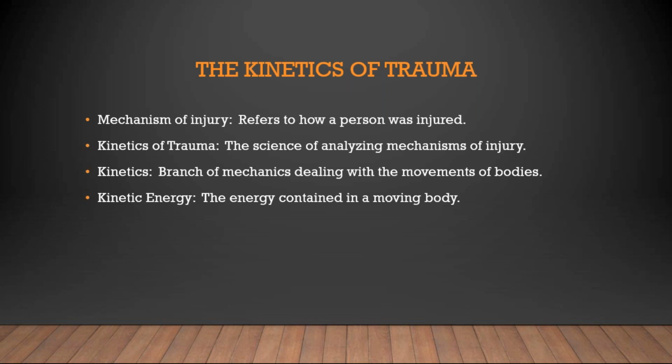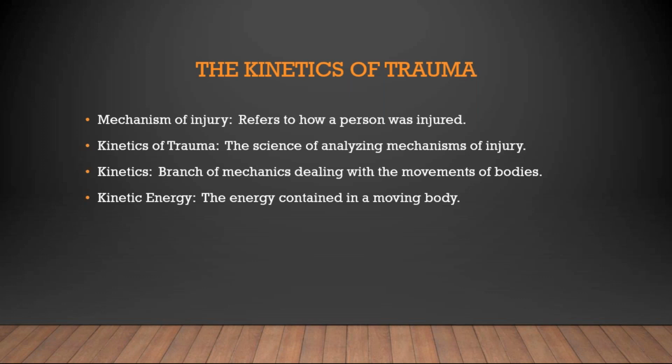We have to start reflecting upon our 4th and 5th grade science lessons of Newton's laws, where an object in motion will stay in motion unless acted upon by an outside source. That's really what we're looking at with the kinetics of trauma. A simple fall or a high-speed motor vehicle accident: think of that individual inside the vehicle traveling at 70 miles an hour who hits an immovable object.